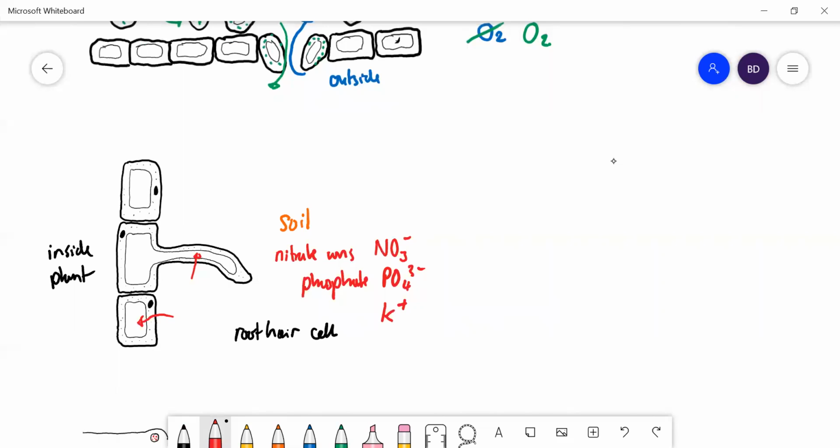So the only way of getting these ions into the cell is against the concentration gradient, so there is some active transport there, and that will require energy. So that's one of the things a plant needs energy for. It needs to respire in order to make those ions go against the concentration gradient, where they're in low concentration in the soil and the plant's actually got more of them inside of it.